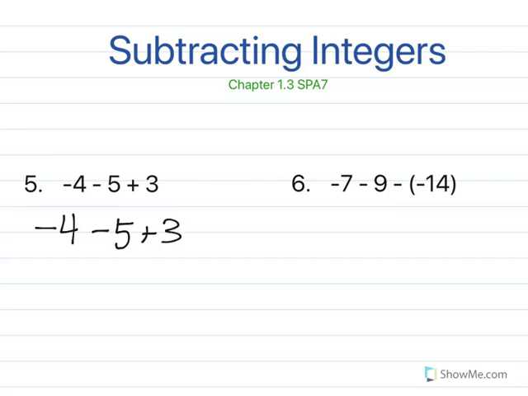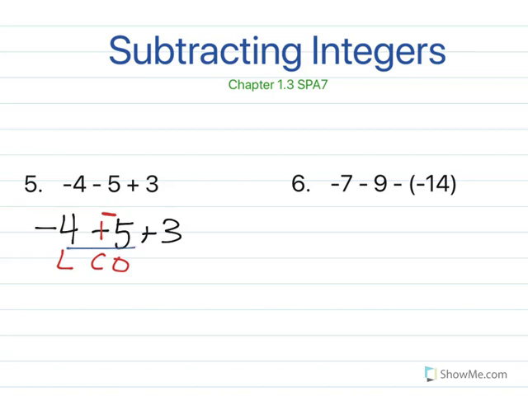Okay? So in this case, I have my LCO, leave, change, opposite. So I leave the negative 4. I'm going to change the subtraction to addition. I'm going to do the opposite of 5, which is negative 5. Now, at this point, I have all addition signs, so I'm done making any changes. Now I'm just going to add.